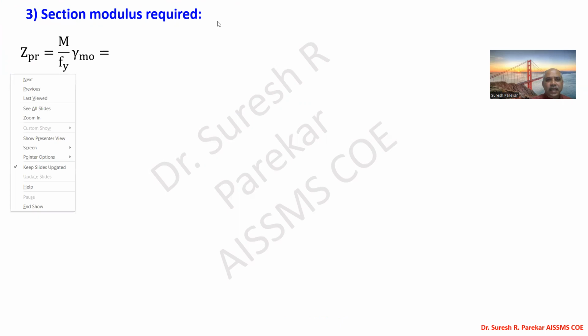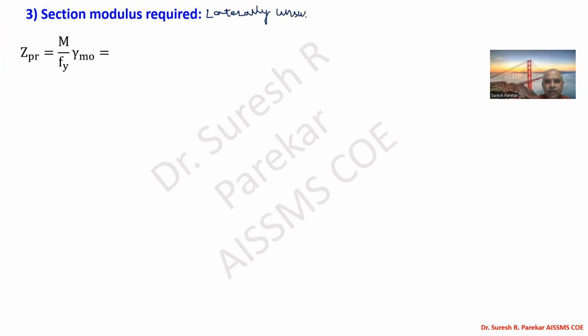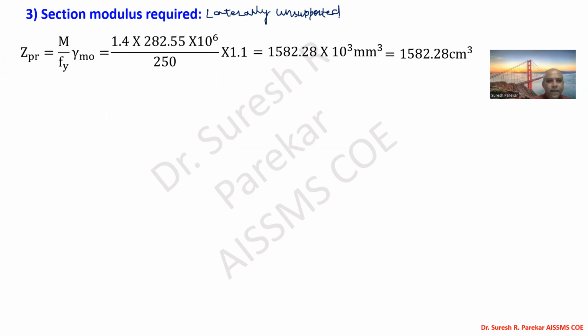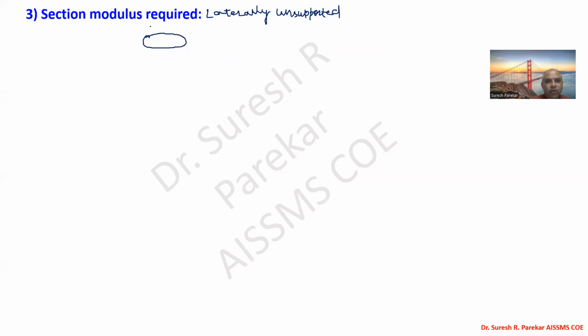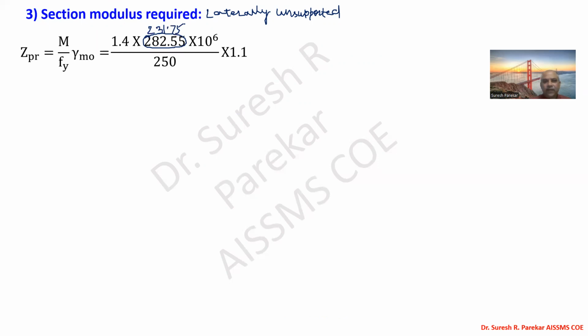So the bending moment value we have, if we go to this, is 231.75. Then if we calculate this, we have 231.75 into 10 to the power 6 into 1.4 divided by 250 divided by 1.1.